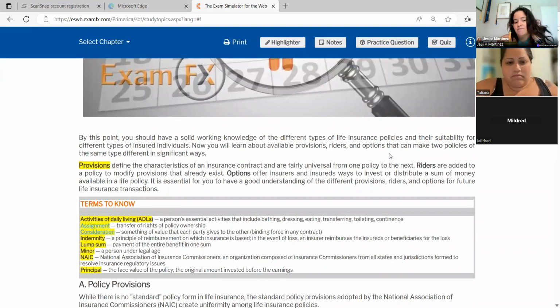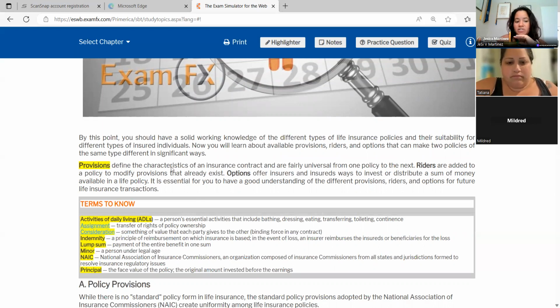Provisions, by definition, define the characteristics of an insurance contract and are fairly universal from one policy to the next. Riders are added to a policy to modify provisions that already exist, and options offer insurers and insureds a way to invest or distribute a sum of money available in a life policy.